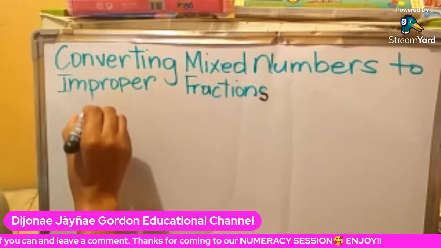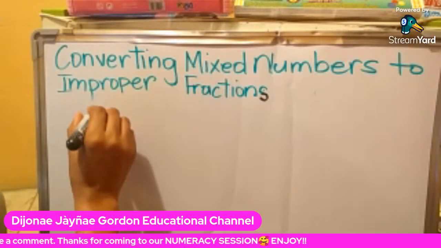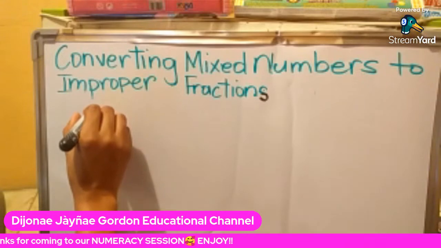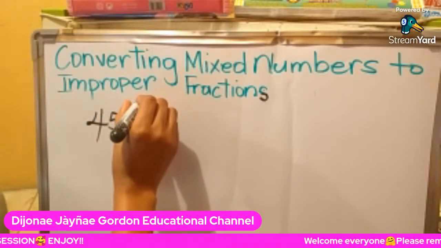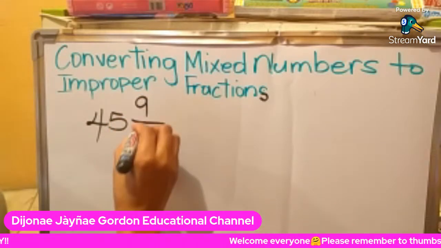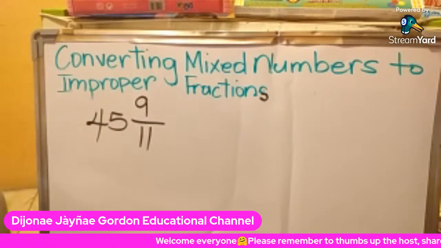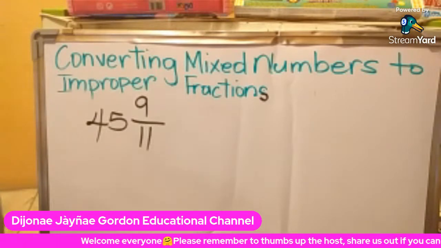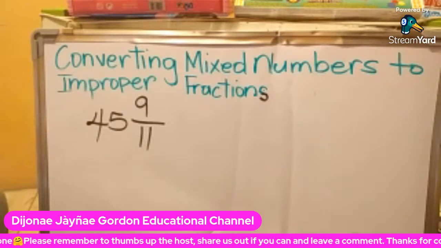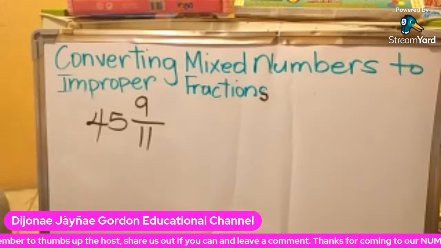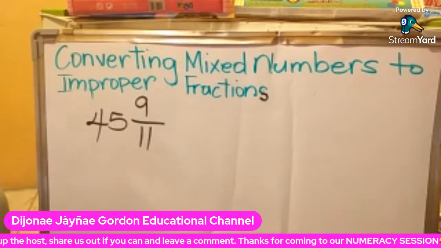Let's take 2 more. So look at this one now. 45 and 9 over 11. Oh, this teacher is evil. I know that the students would say that, Miss, that one is hard.